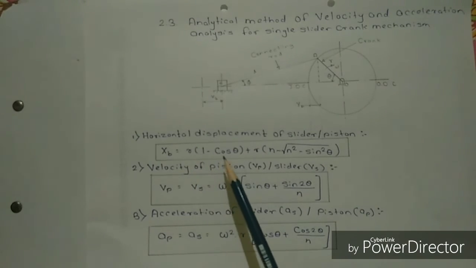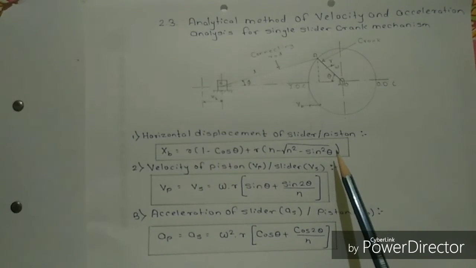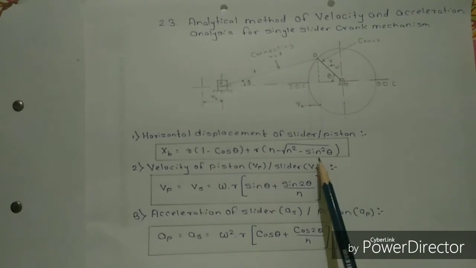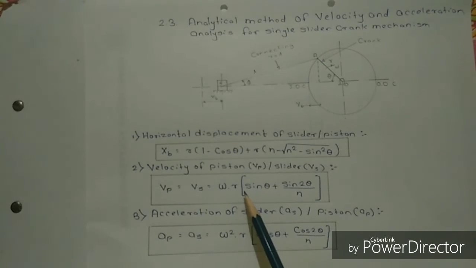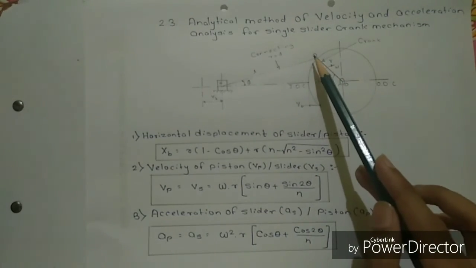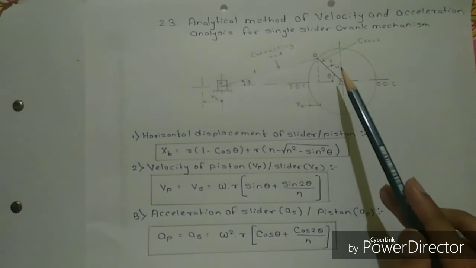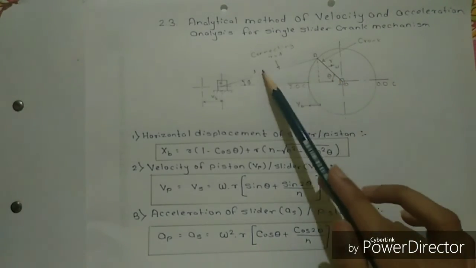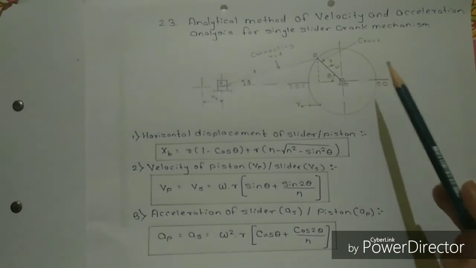After differentiating this equation, we get VP, the velocity of piston or slider, equal to omega into R, where omega is the angular velocity and R is the radius OA, times (sin theta + sin 2 theta upon 2n). Here n is the obliquity ratio, which is equal to length of connecting rod upon length of crank OA, n = L upon R, which is constant.